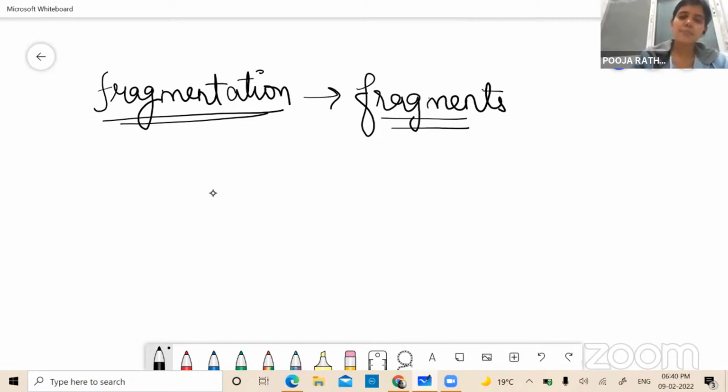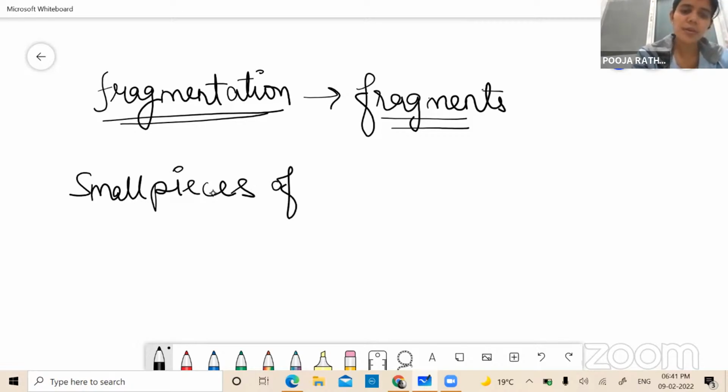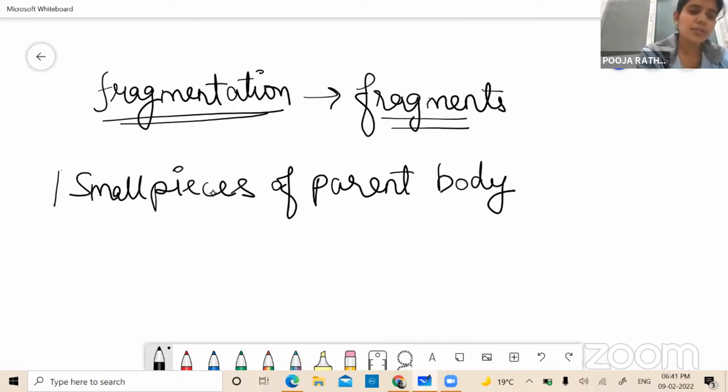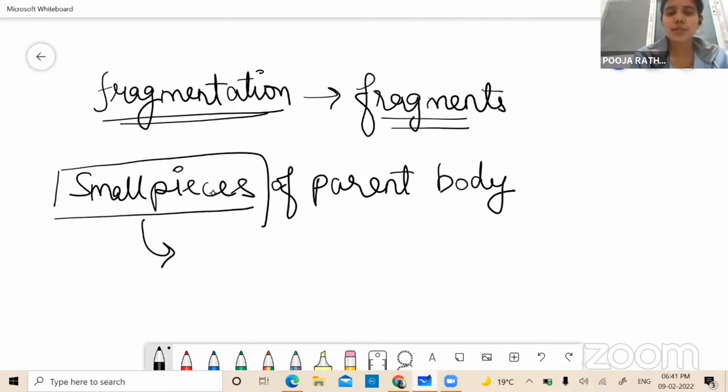In this type of asexual reproduction, small pieces of the parent body are created, and these small pieces give rise to new daughter cells.